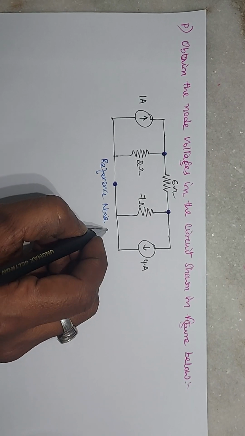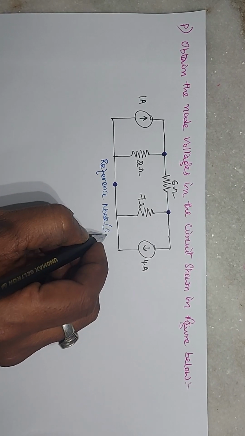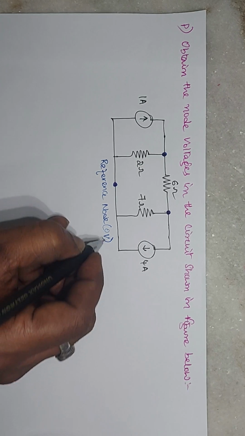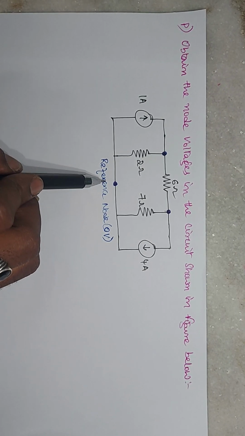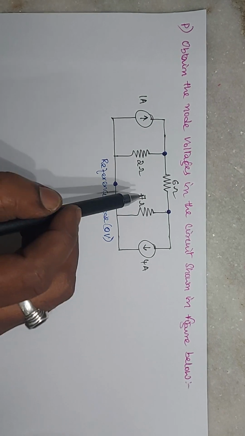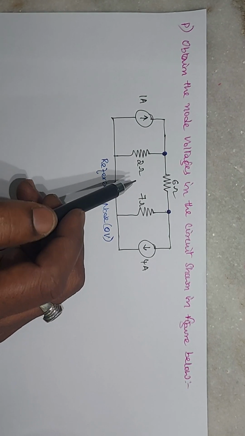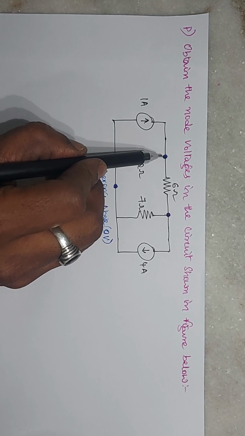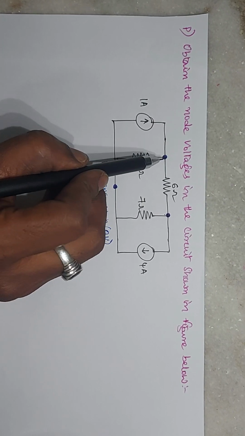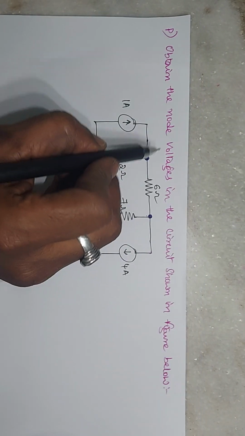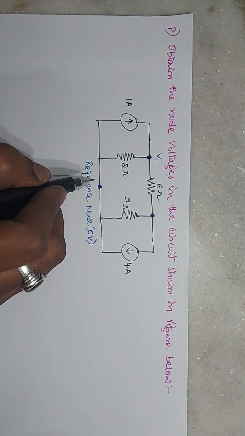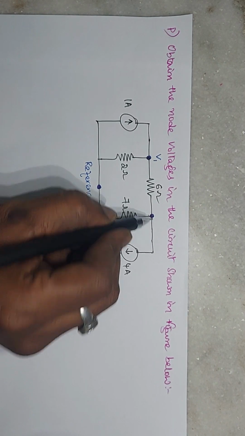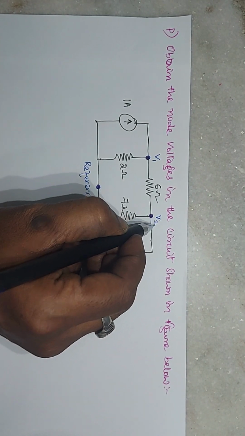Here I am assigning 0 volts as the voltage for this reference node. Next, the remaining nodes. I consider this as node 1, and the voltage I assign at this node is V1. At this second node, V2 is the voltage.